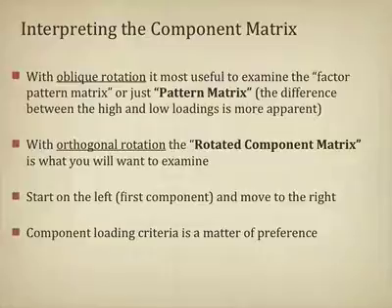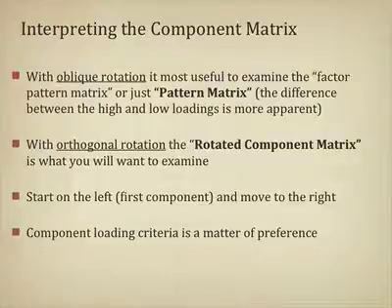And the interpretation is we're going to start with the left-hand column, or the first component, and then we're going to move right. And then the component loading criteria, it's again not black and white. It's a matter of preference.